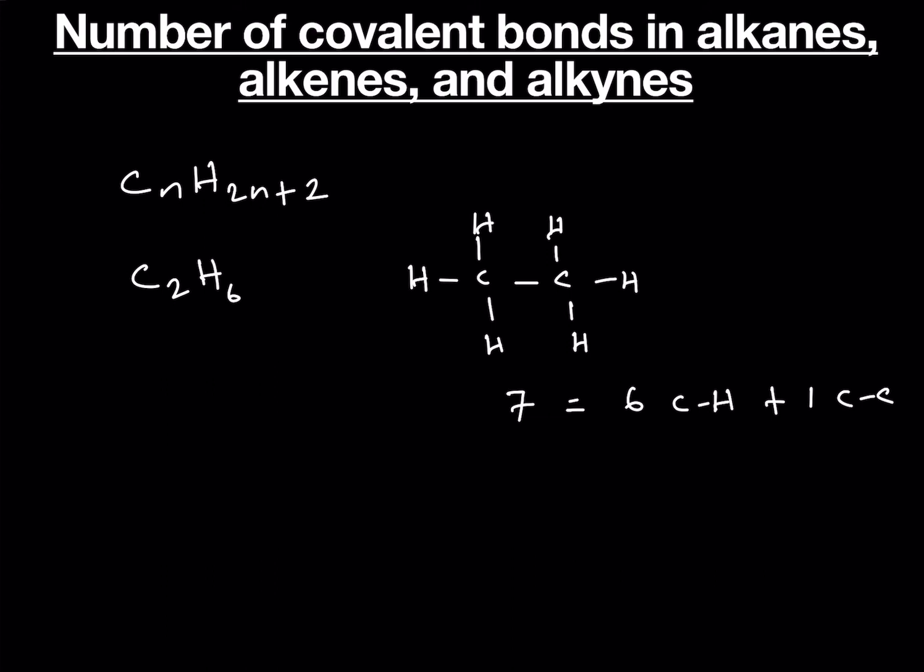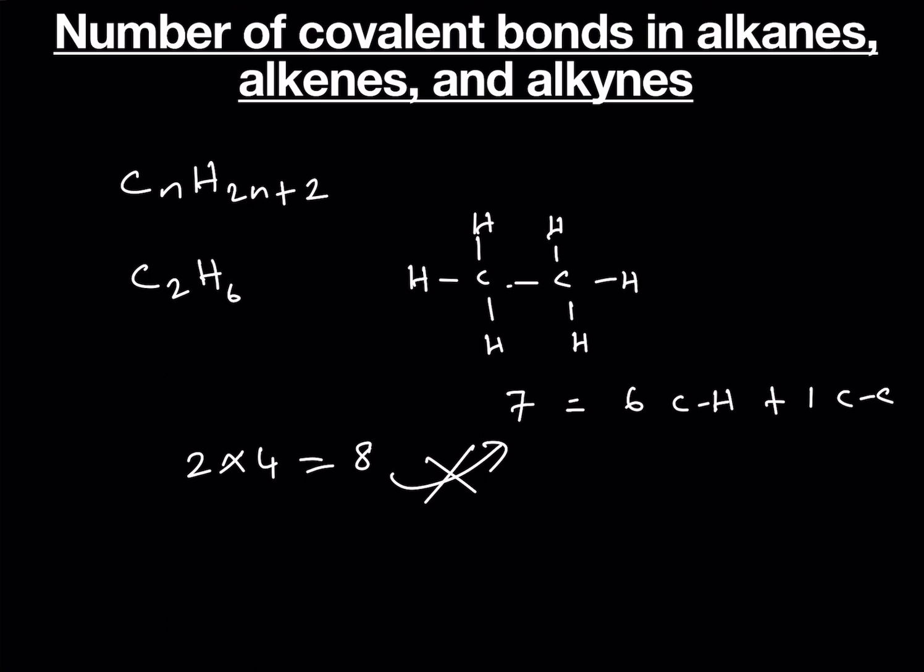So let us say, for example, we know that the valency of carbon is always 4. So 2 times 4 equal to 8. But do we have 8 covalent bonds here? No, we don't have 8 covalent bonds here. We are only having 7 covalent bonds.